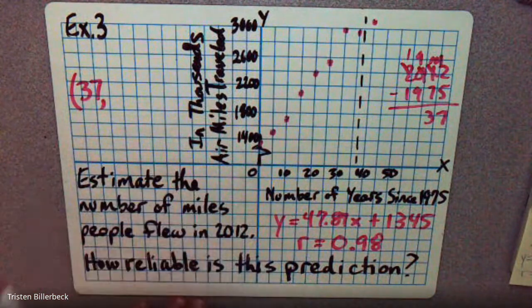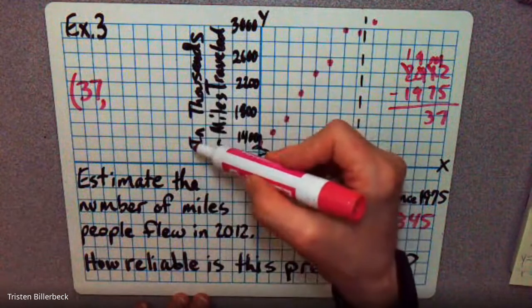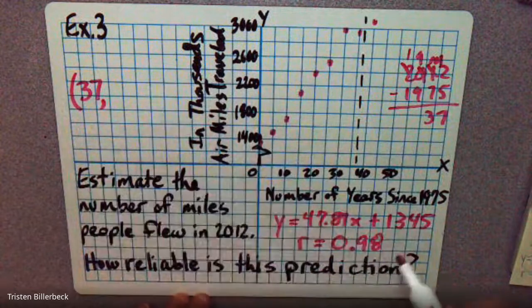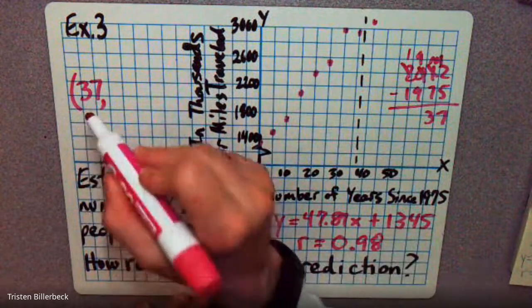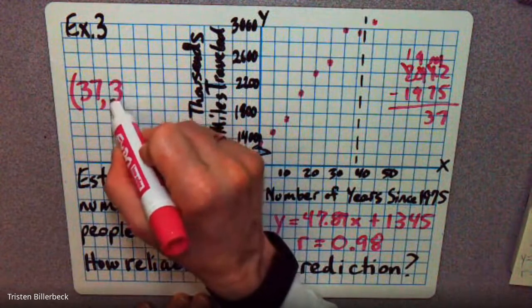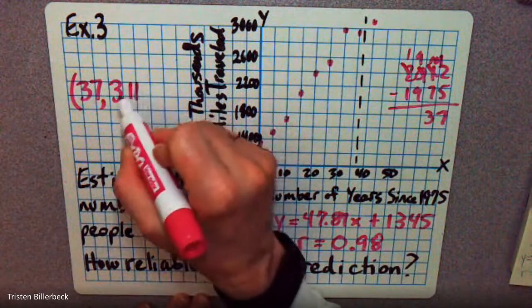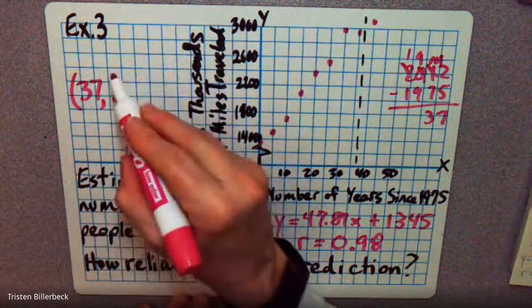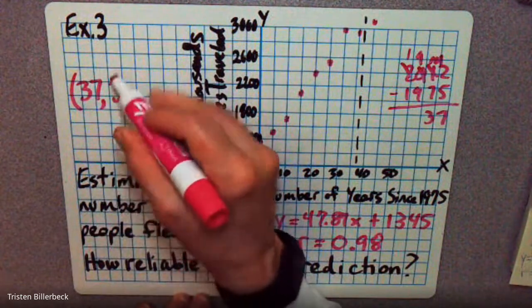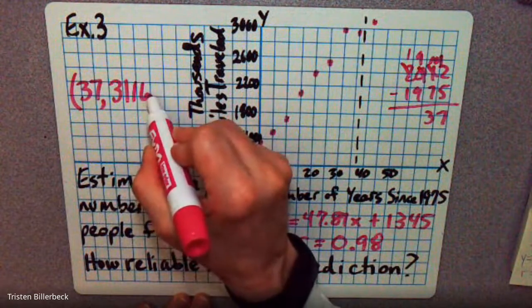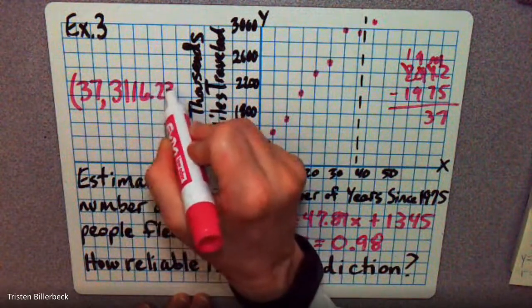and you guys have to remember that this is in thousands. Okay, so if you actually put it into this equation, what you're going to get out is 3,116.23.